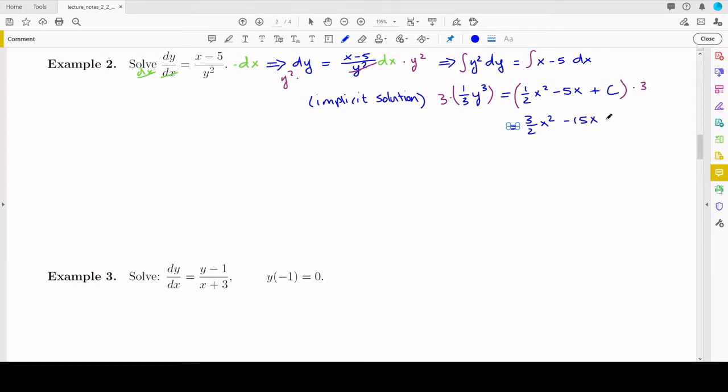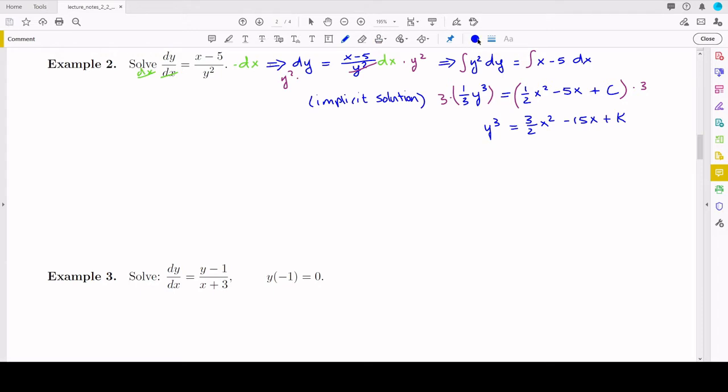And then 3 times c, that's a constant, I'll call that k. And then 3 times 1/3 y cubed is just y cubed.